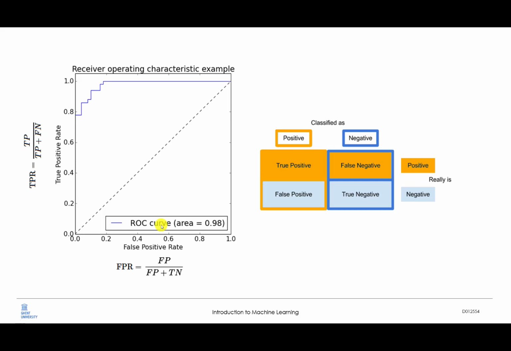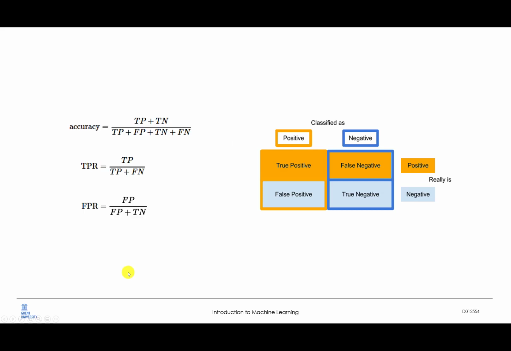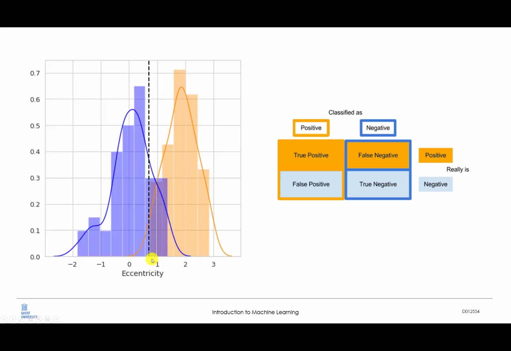Now we can compute this true positive rate and false positive rate for different values of our threshold. So let's go back here. Okay, so we have here a threshold at 0.7, but we can put it at 0, at -1, at 2, at 3, and so on. Right? And so for each of those choices, we will of course have different values for our true positives, false negatives, and true negatives.